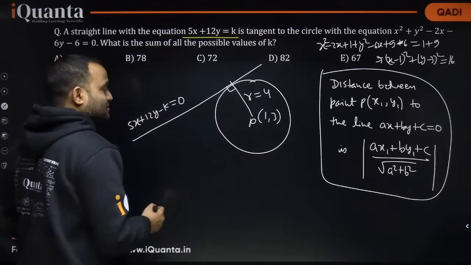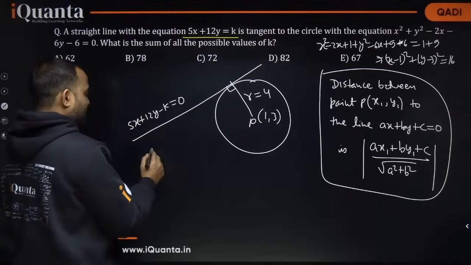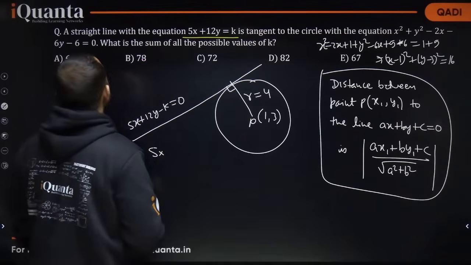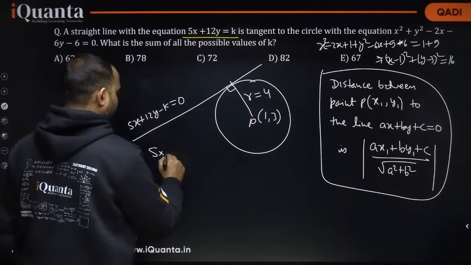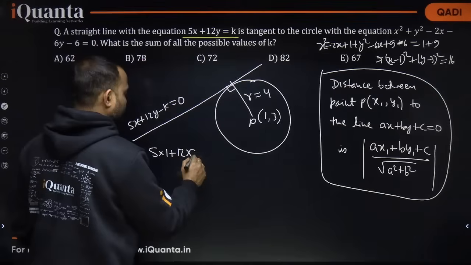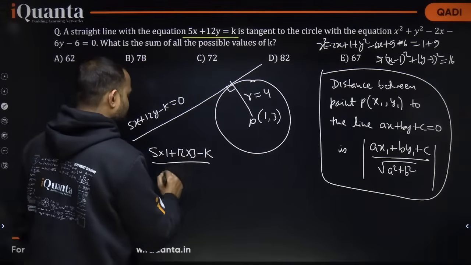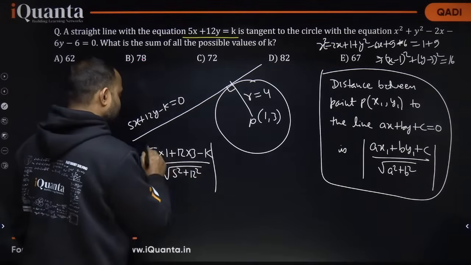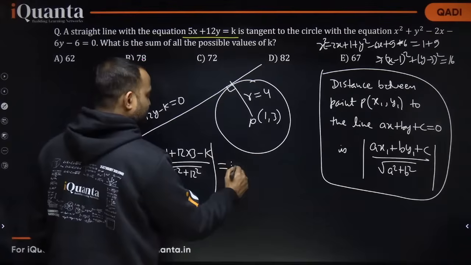So apply this, what we can say, 5 into 1 plus 12 into 3 minus k divided by square root of 5 square plus 12 square. This should be same length as the radius, which is 4.